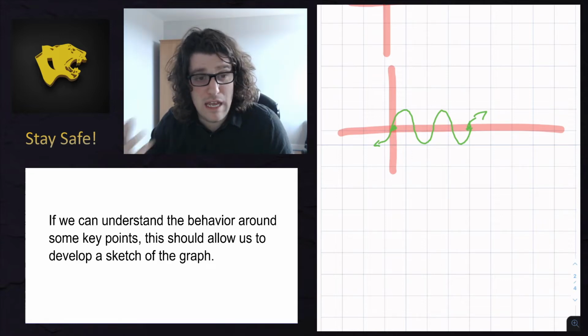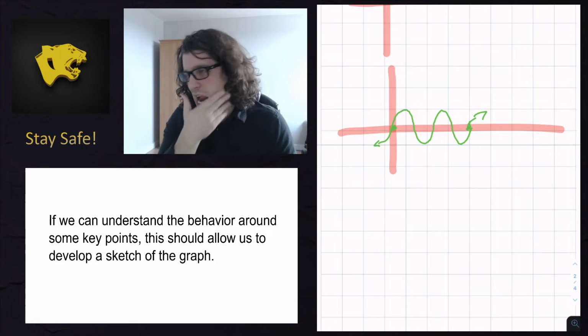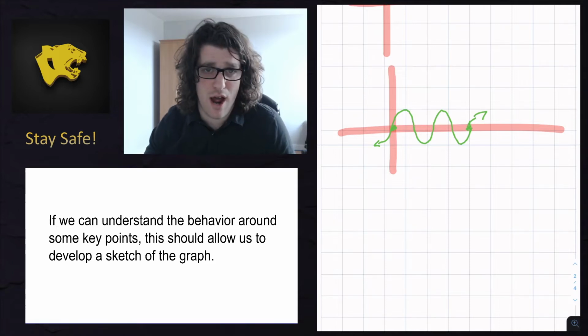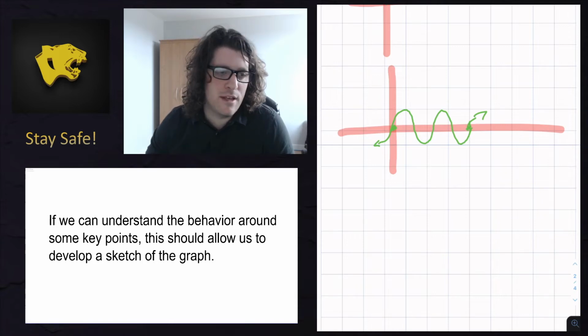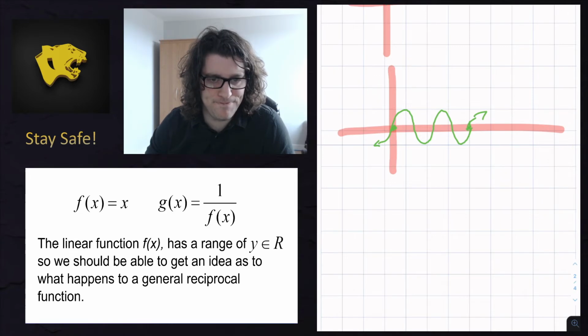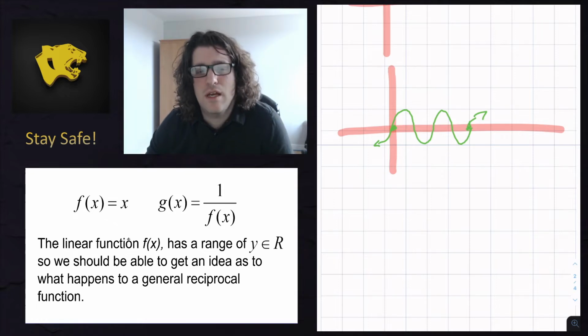So if we understand behavior around certain key points, we can connect the dots to fill in the rest of what's going on and get a reasonably good sketch. So let's look first of all at the linear function f of x equals x.